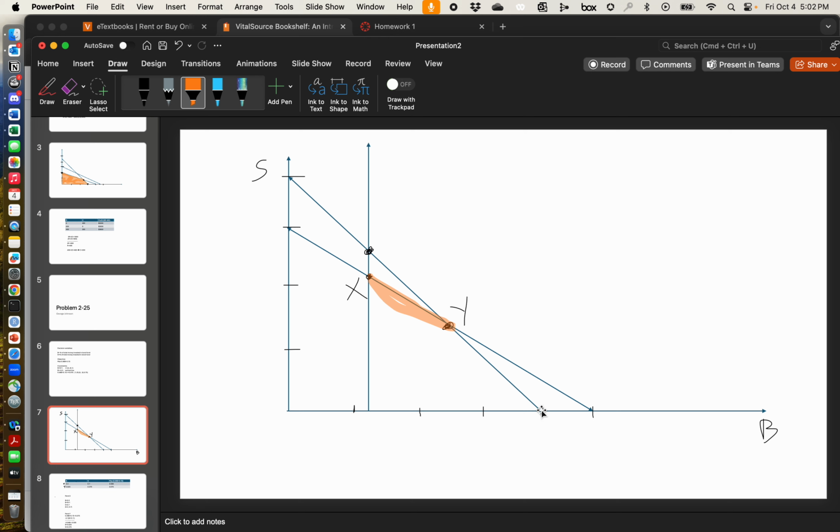The other point you would have considered is this one, but these points are better than that point anyway. You would have gotten one of these points as a solution even if you had written B plus S less than or equal to 1. But because you wrote B plus S equal to 1, that should be a solution. Now, if you wrote B plus S greater than or equal to 1, you might end up with this as a solution, but that is just wrong, because in this case you're investing more than 100%, which doesn't make sense.